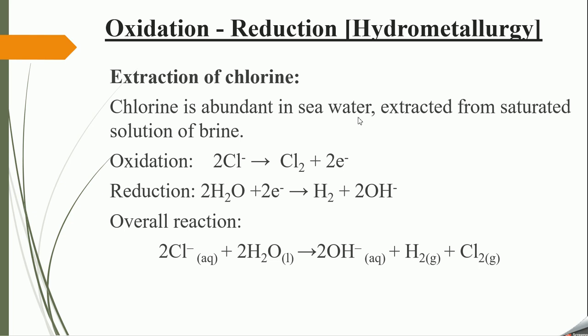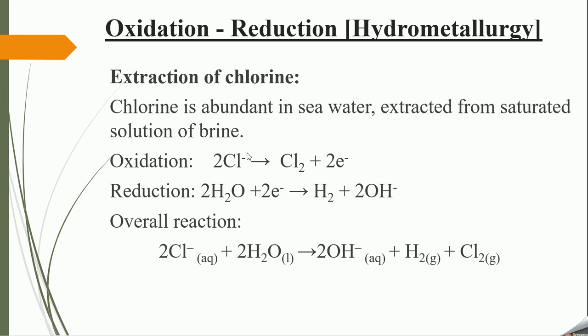So during electrolysis, chloride ion is attracted towards anode where oxidation takes place. Here chloride ions are oxidized to chlorine. According to oxidation number, oxidation is an increase in oxidation number and reduction is a decrease in oxidation number.